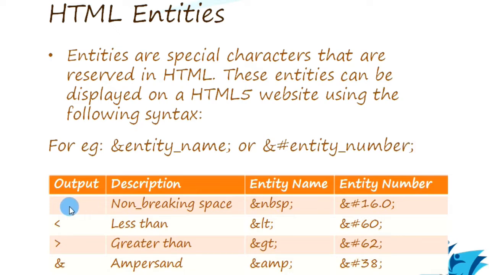For example, if you need a non-breaking space, you have to type ampersand nbsp semicolon. Or you can type its entity number, ampersand hash 160 semicolon. In this way, for less than and greater than, there are their respective entity names and entity numbers.